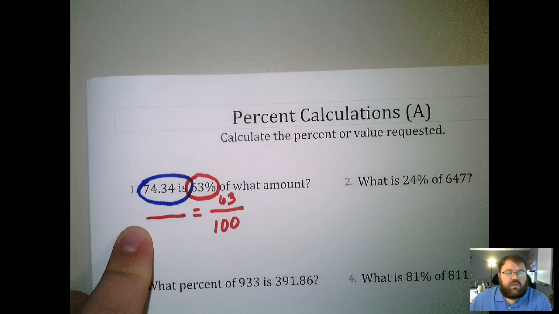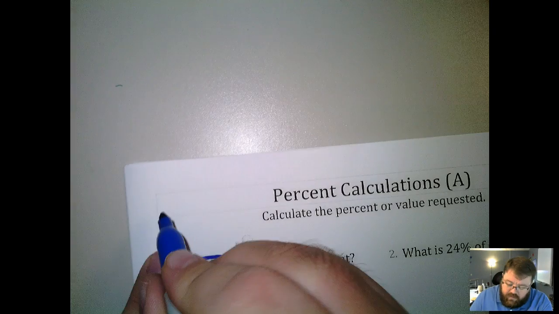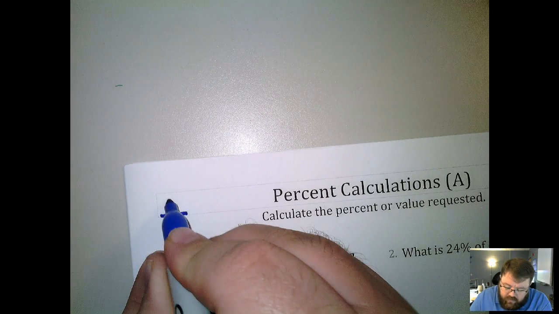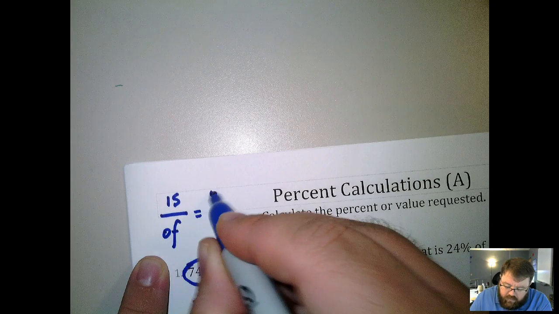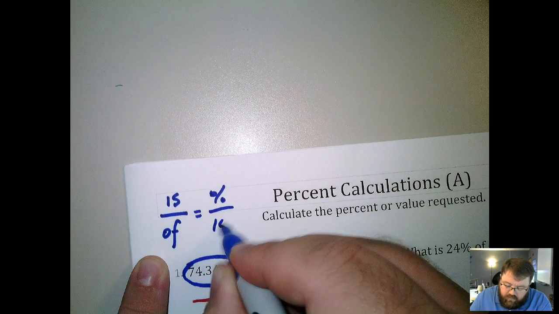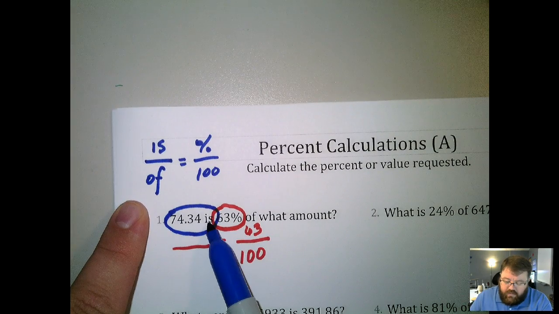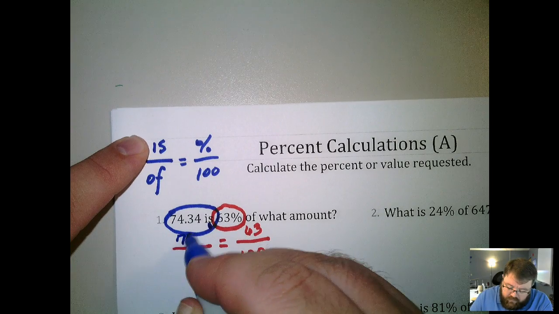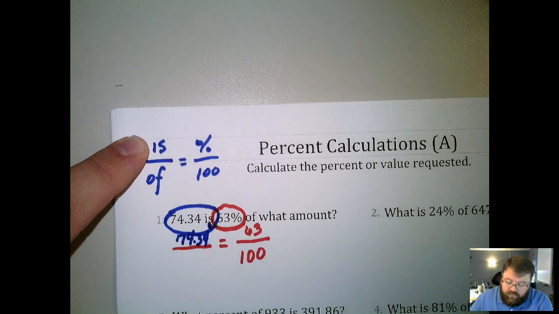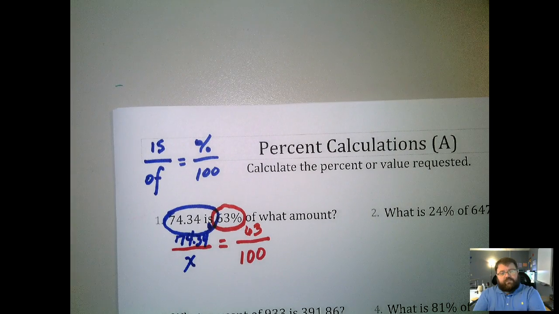Now, that's important, this word is, and that's because in our formula, we have is over of equals percent over 100. And since this word is on top, we would put 74 and 34 hundredths on top, and we would put the missing number in the denominator.